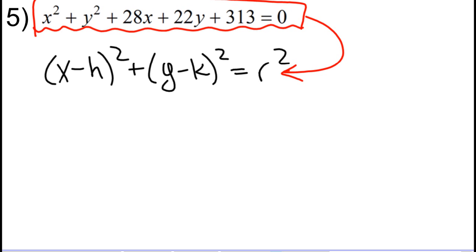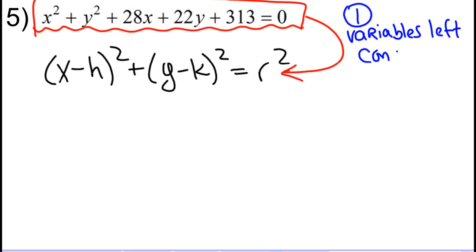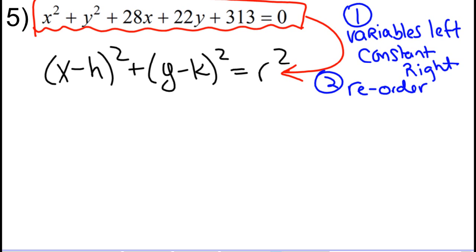So our steps, and I'm going to try to break it down and keep it as simple as I can for you. Our first step, we have to make sure that our variables are on the left side of our equation, and the constant is on the right. Then our second step, and I'll write down all of our steps first so we know where we're going, is what I like to call reorder, where we have our x squared, then our x, then our y squared, and then our y.